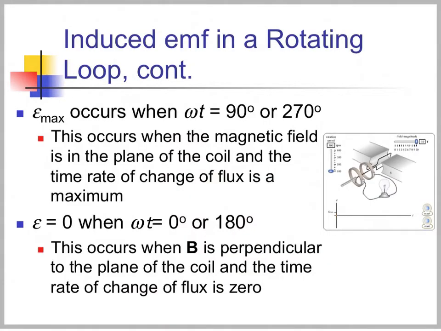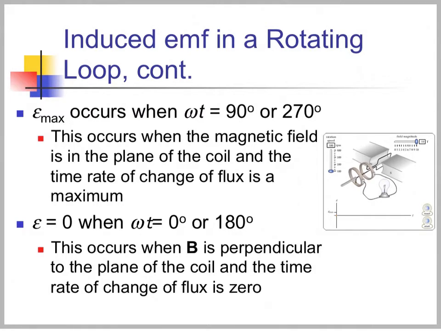Now, the maximum voltage occurs when omega t is equal to 90 degrees or 270 degrees. That occurs when the magnetic field is in the plane of the coil and the time rate of change of the flux is at a maximum. And the EMF is 0 when omega t is 0 or 180 degrees. That occurs when B is perpendicular to the plane of the coil and the time rate of change of the flux at that moment is 0.